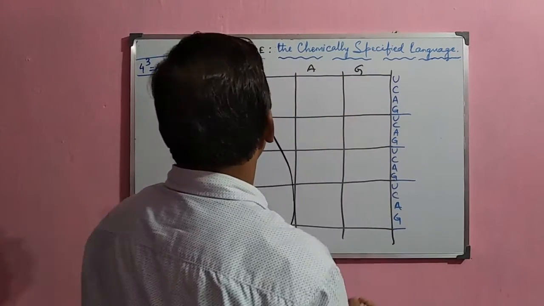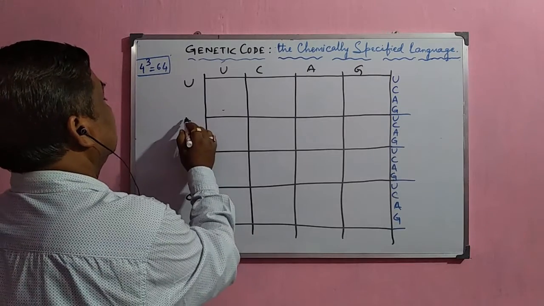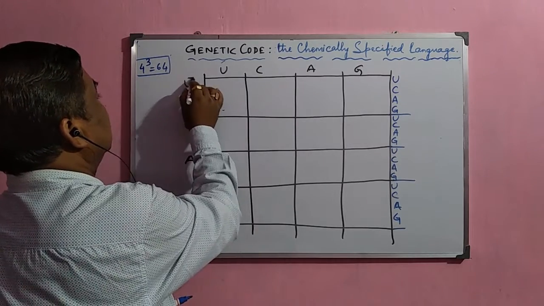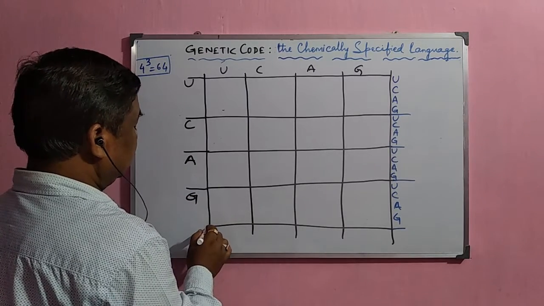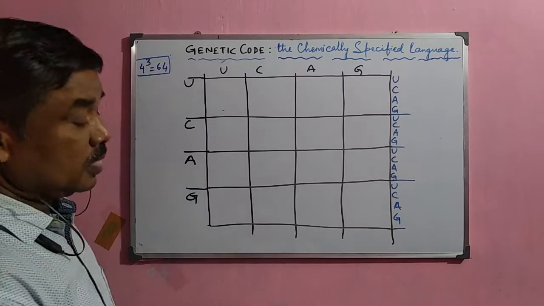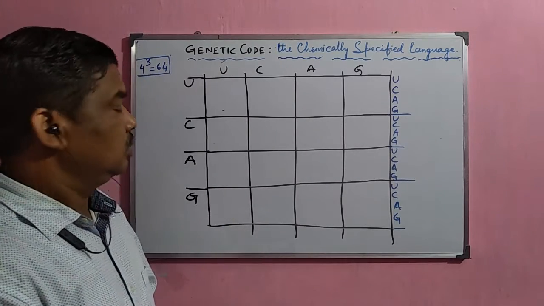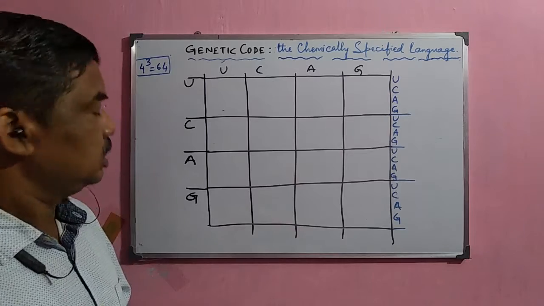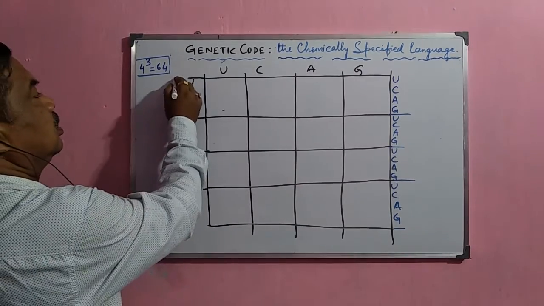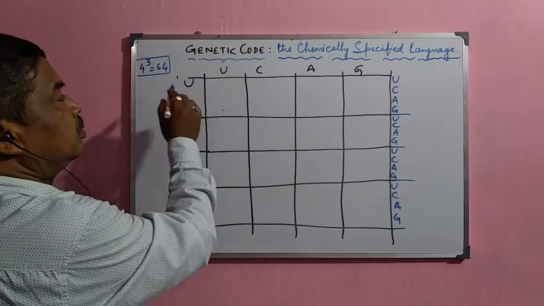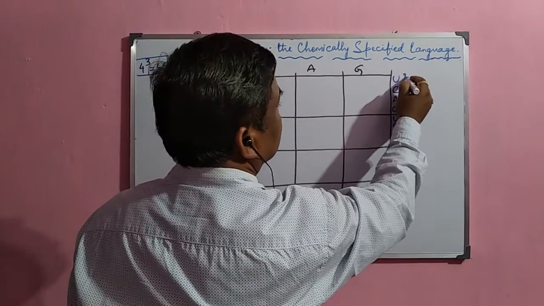Now how can the different combinations be formed? Just see the method of how the genetic code can be prepared easily. You can also prepare the genetic code by your own. Now, here, this is the first base, this is the second base, and it is the third base.